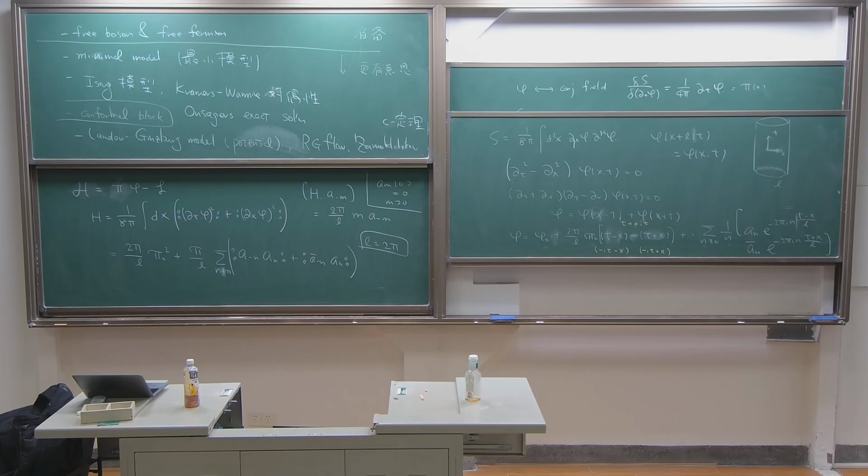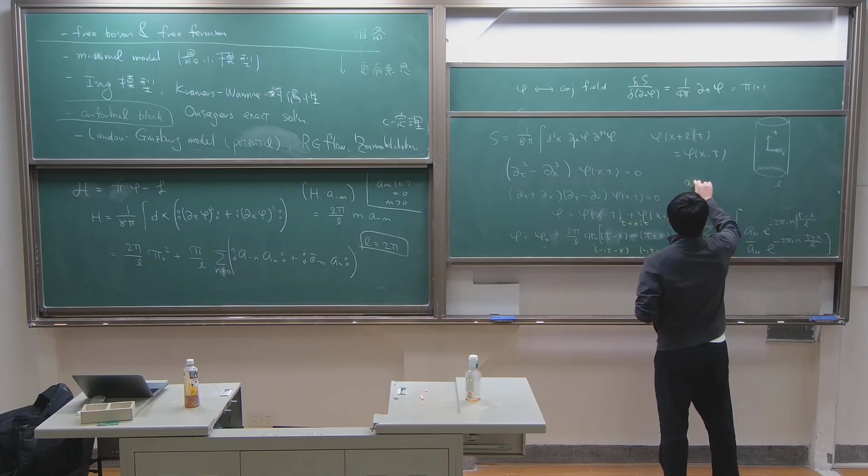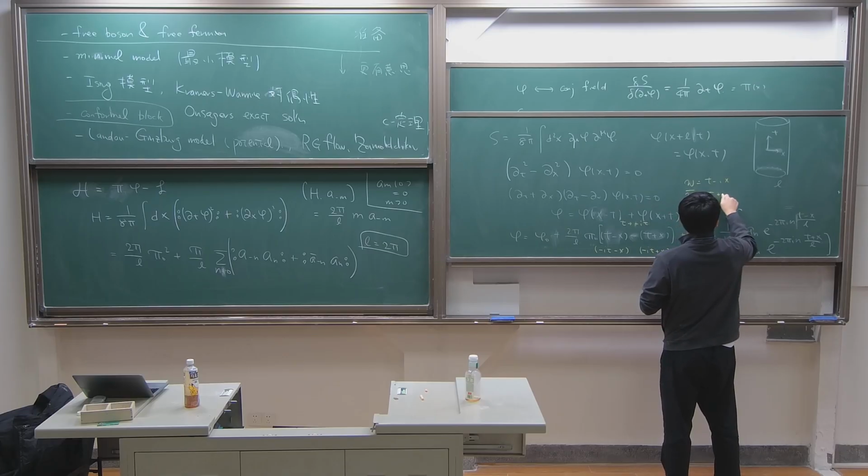I think there's some notational mistake. Yes, so W is i t minus i x, and W bar is i t plus i x.